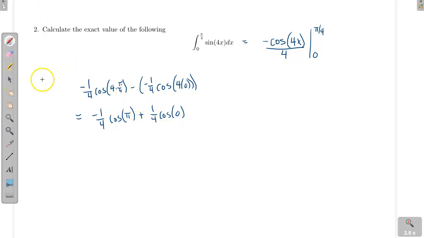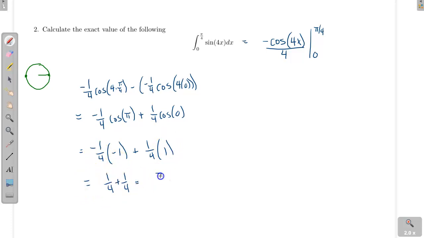If I think about my unit circle, we know 0 is the obvious one, just going to the right. Pi is half of the circle, so that's going to the left. So cosine of pi is -1 because it's the x value there. Cosine of 0 is just going to the right. That's +1. This is 1/4 plus 1/4 is 2/4, which is 1/2. So for this problem, we get 1/2 as our final answer.